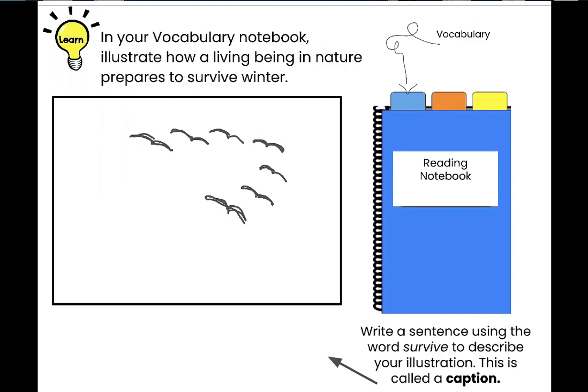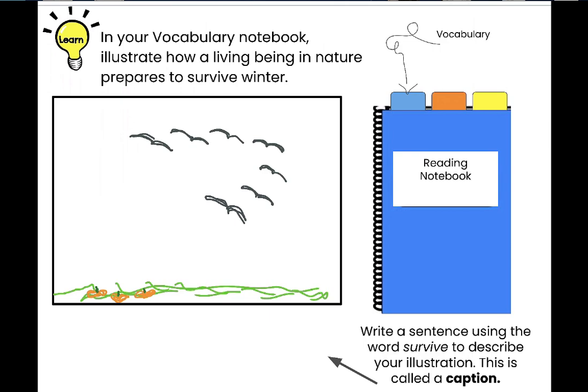What else should I add? I have some grass on the ground. Grass. And maybe, let's see here, it's fall, right? So maybe I'll draw something that shows that it's fall. Maybe they're flying above a little pumpkin patch. Here are my little pumpkins. I'll give them a little stem. Beep, beep, beep. How else do I know it's fall?